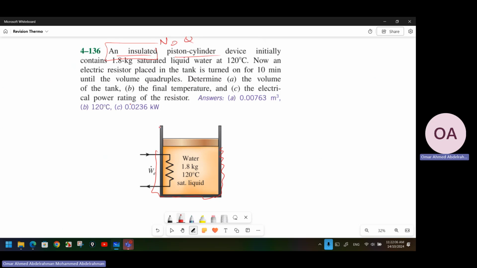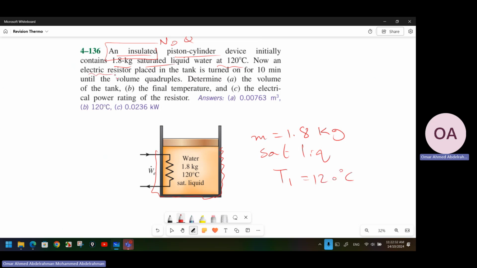The cylinder device initially contains 1.8 kilograms, so that is the mass. The mass is 1.8 kilogram. Saturated liquid, we will use any property at hf, uf, the subscript f. Saturated liquid at 120 degrees Celsius, that is T1 equal to 120 degrees Celsius.